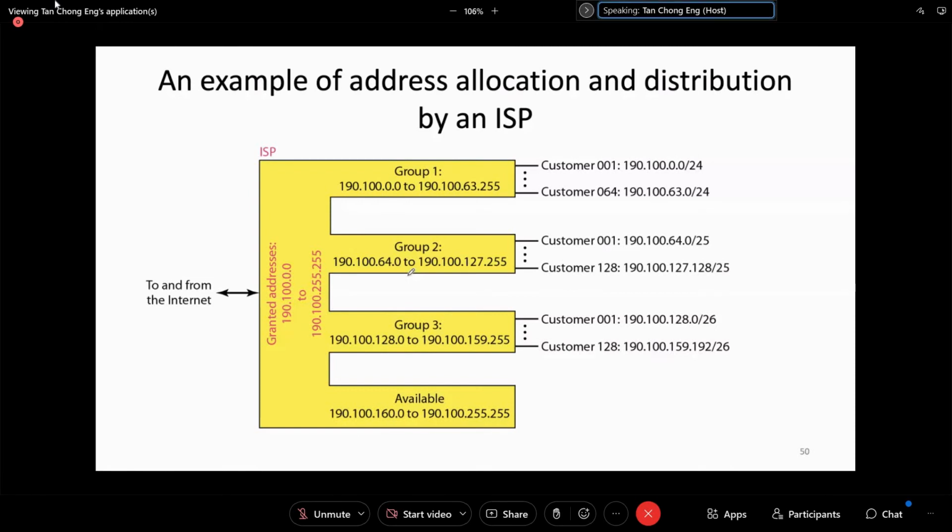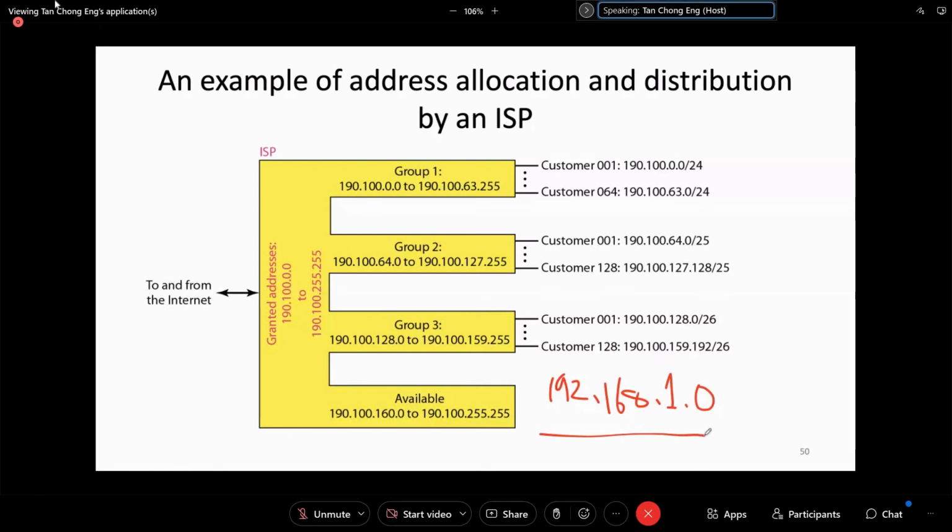For example, I give you one example, 192, this is common, 192.168.1.0. So this is a network ID. Anything ending in .0 is usually a network ID.